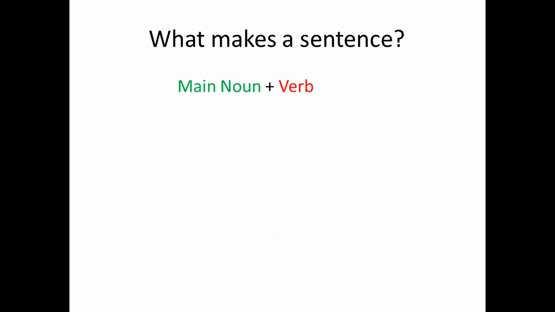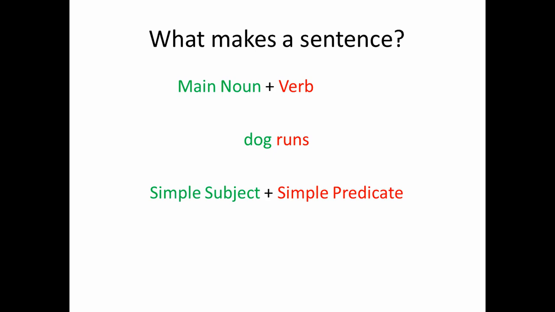Let's do some quick review before starting the new information today. Your last lesson talked about what makes a sentence. A sentence has to have a main noun that tells who or what the sentence is about, and then a main verb that tells what the subject is or what it does.